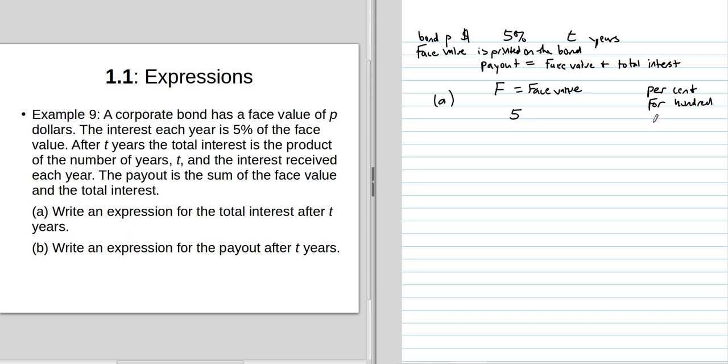In other words, 5% is 5 hundredths, or 5 over 100. Okay, so 5% is a quick way of saying 0.05. And we will always use this symbol to mean percent, which is a quick way of thinking of a number over 100.